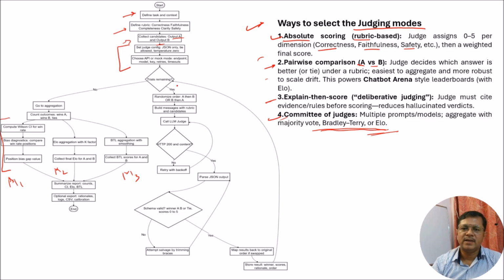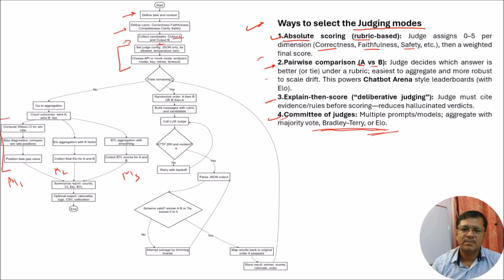If trials are remaining, in that case we do multiple operations. For example, we try to reduce the chances of bias, and we also complete the LLM related operations. Here the randomized orders are applied to reduce the bias, and then we build the message with rubrics and candidates.